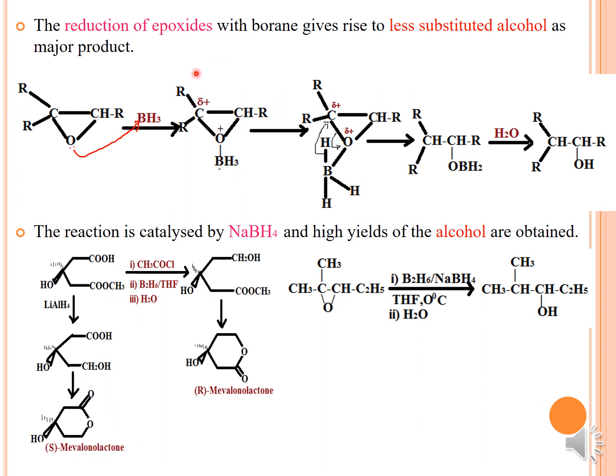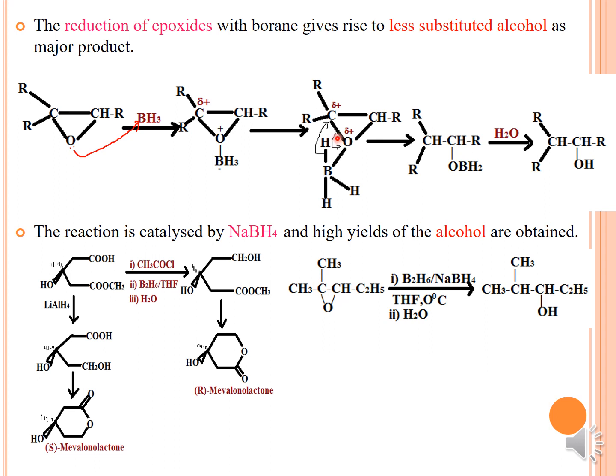Okay, so after the formation of the positive charge, again you can see here the carbon, which is partially positive, and this is also having a positive charge. So there is a hydride transfer intramolecularly. The BH3, you have to open this BH3, and once you open the BH3, this bond will shift to the carbon atom, and again this C-O bond will shift.